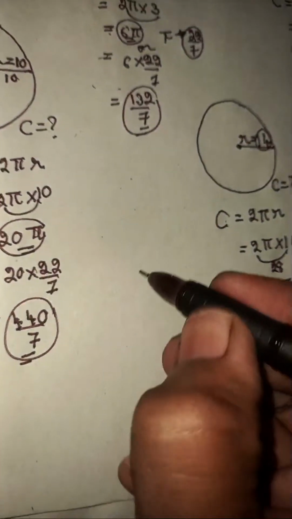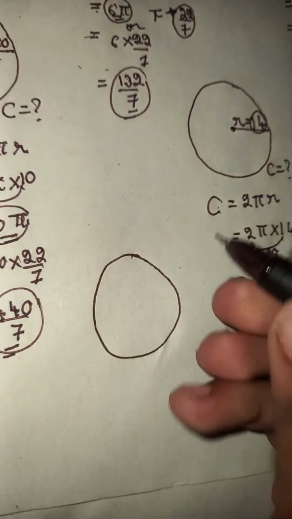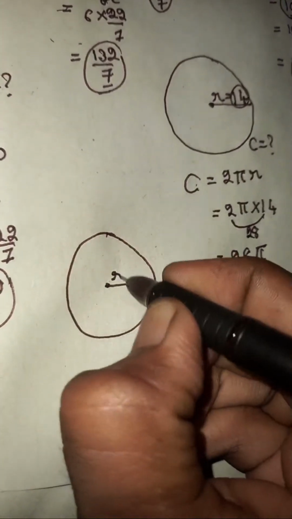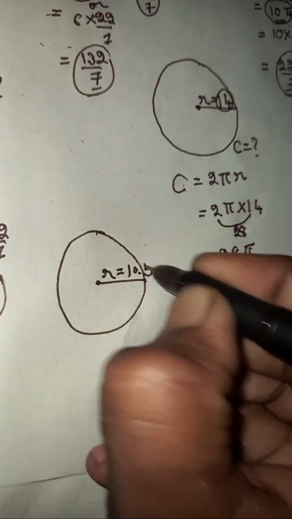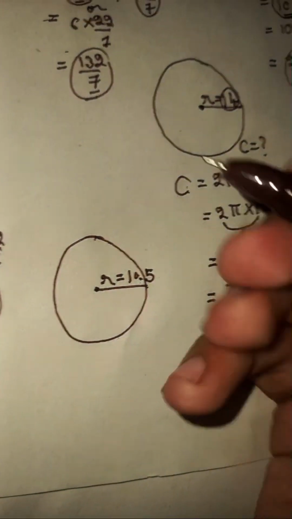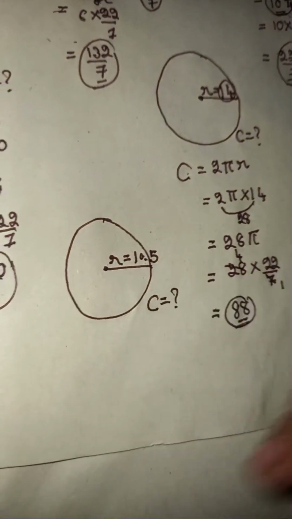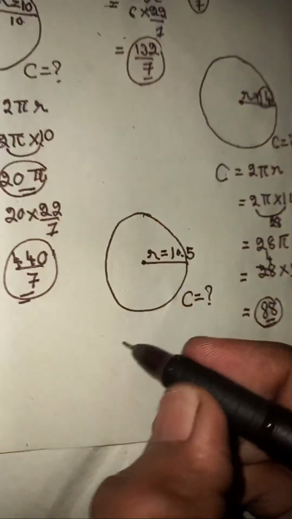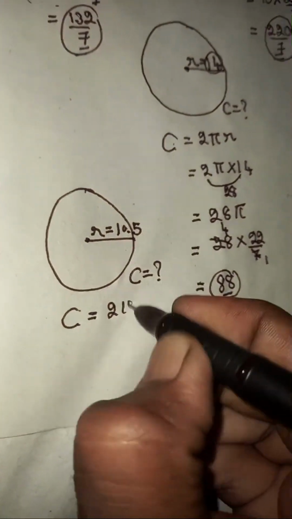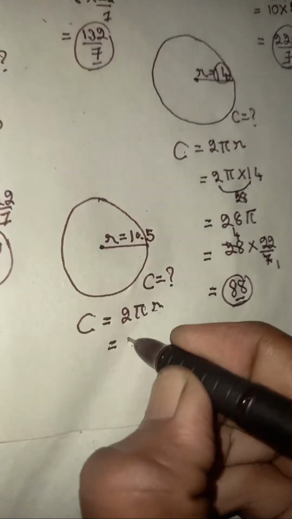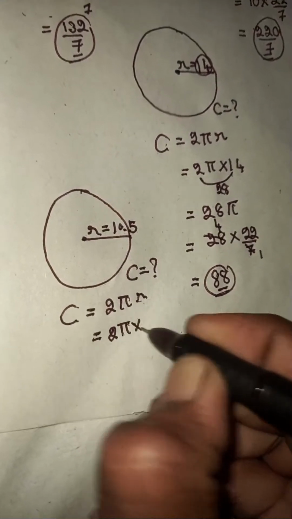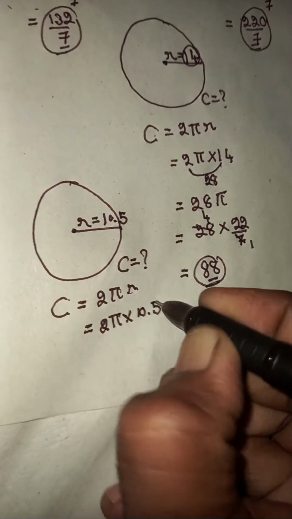I'm going to tell the final problem. Here I take this final problem as radius equal to 10.5 units. This is the radius. Now find out what's the circumference. You can write circumference as 2 pi r. That means 2 pi times 10.5 as the radius.